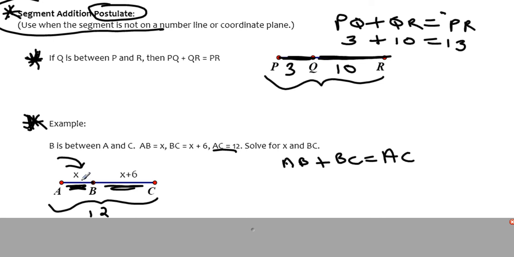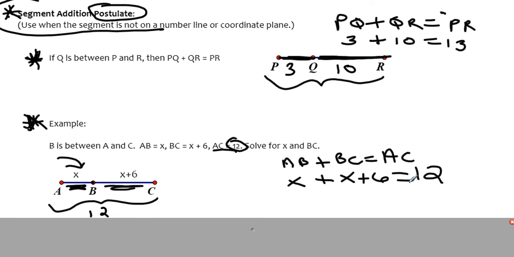AB equals X. So where it says AB here, I'm going to substitute it with X. BC, they said, was X plus 6. So where I see BC, I'm going to substitute it with X plus 6. And that'll equal the length of my whole segment from A to C, which we said was 12. So I'm going to replace this AC here with 12.